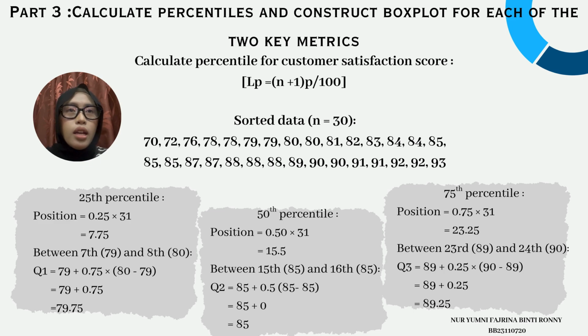And for the 75th percentile, the position is 23.25, between the 23rd (89) and 24th (90) values, which equals Q3, which is 89.25.